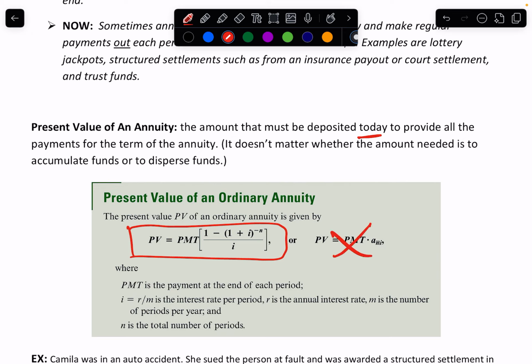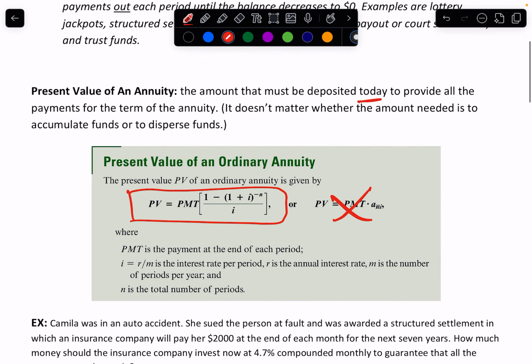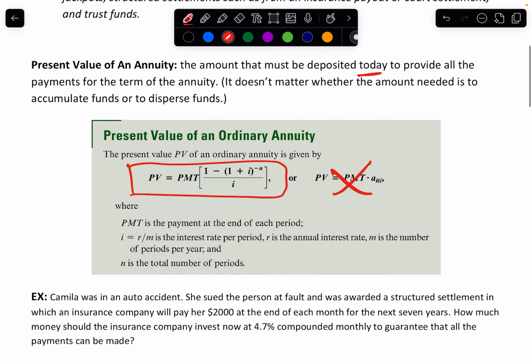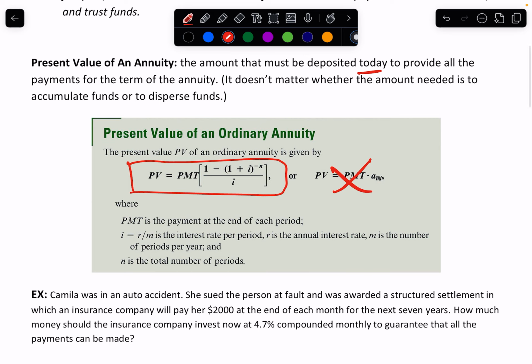PV is present value, PMT is the payment at the end of each period, I is the rate divided by the number of periods per year, and N is the total number of periods.